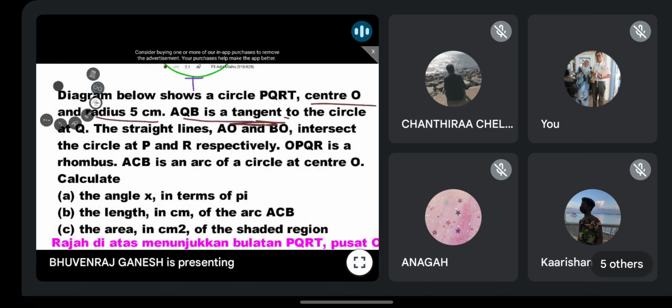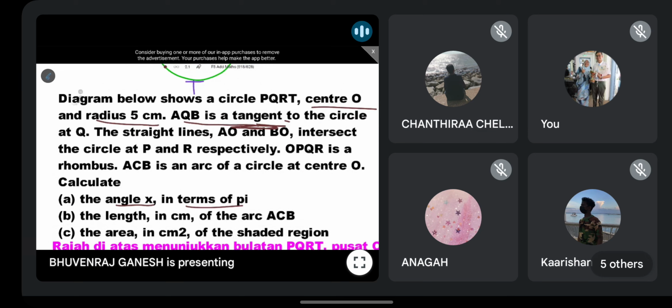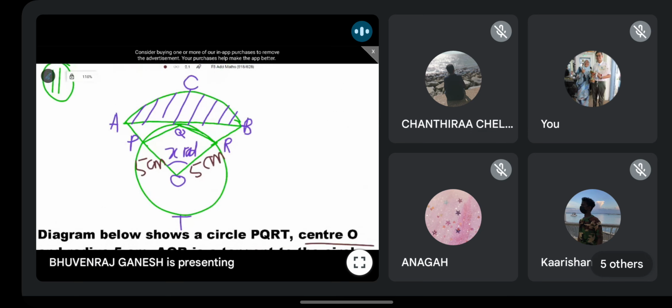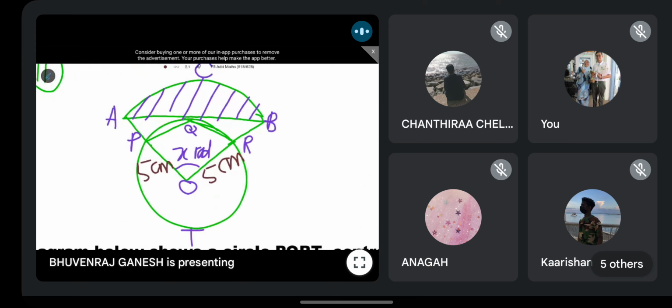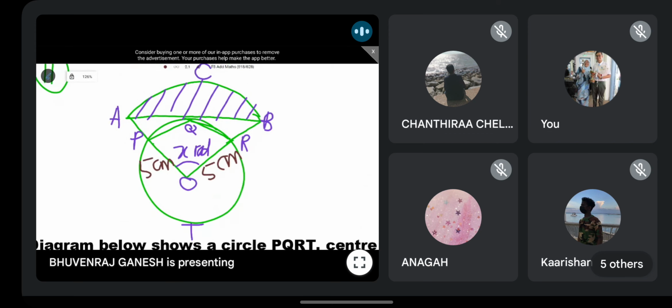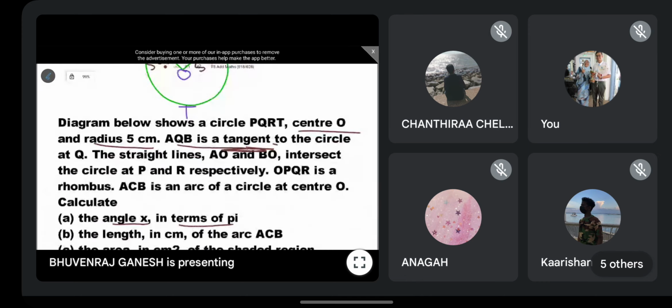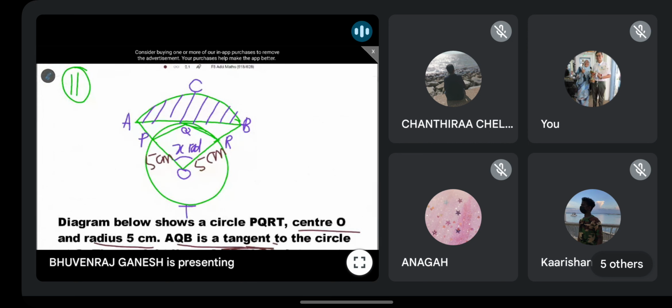So they want the first question: angle X in terms of pi. Mereka nak cari sudut X dalam sebutan pi. Okay, guys, so how to do it? Macam mana buat? X in terms of pi. So how to do, guys?